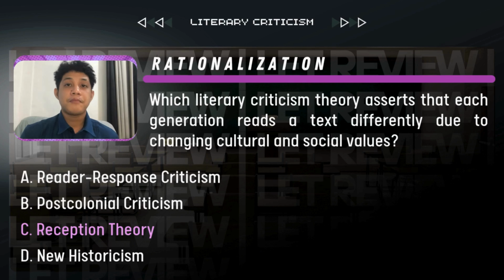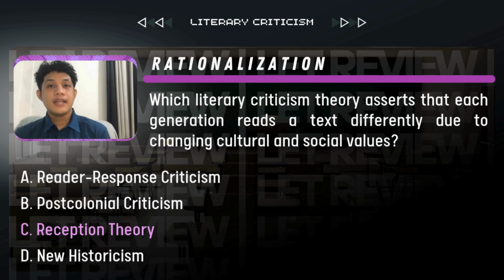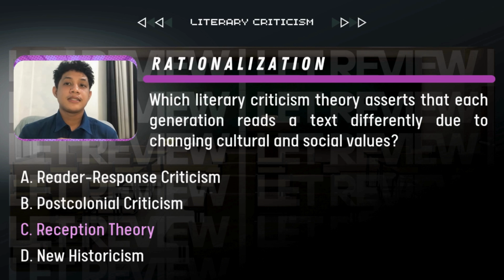The others are incorrect because letter D, new historicism, examines literature in its historical and cultural context, but does not primarily focus on how different generations reinterpret text over time. And letter A, reader response criticism, focuses on individual readers' experience, not on generational shifts.